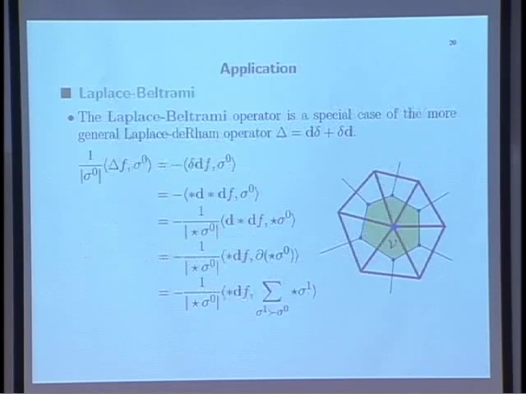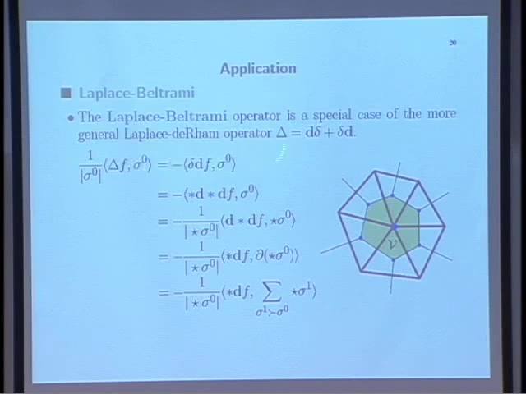Now, given these simple pieces, you have all it takes to construct a Laplace-Beltrami operator. For those of you who are not familiar with it, it's really just a generalization of the Laplacian to curved surfaces, and a special case of the Laplace-de Rham operators in higher dimensions. So you write down the definition of the Laplace-Beltrami operator in the usual form, in terms of the exterior derivative and the codifferential.